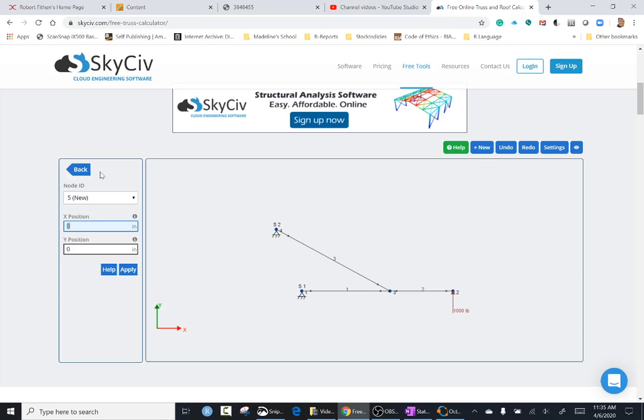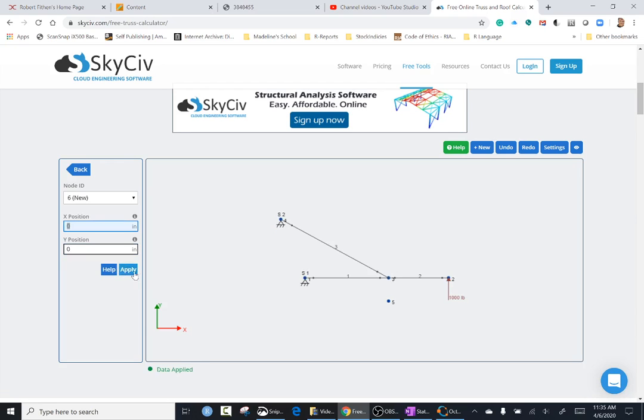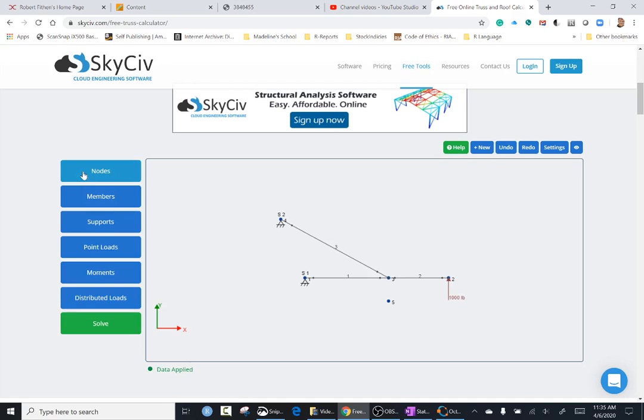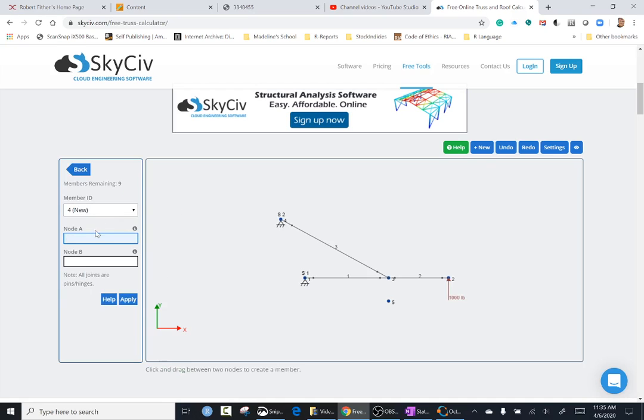So if I'm looking for just my members, I'm going to do something interesting. I'm going to add a node at position x of 7 and just say -2. And then I'm going to go back and I'm going to add a member from 1 to 5, from 3 to 5, and from 5 to 2.